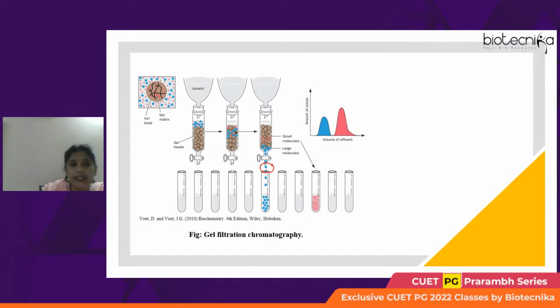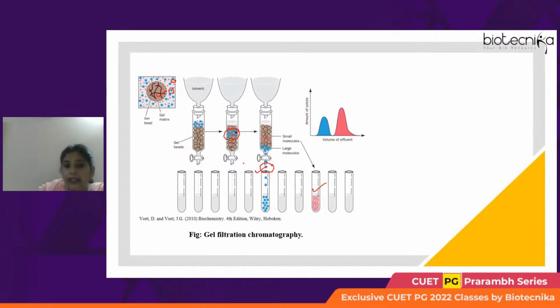Here you can see the gel bead, and the red dots represent very small analytes, and the blue ones represent the larger analytes. You can see the larger analytes are just passing through the interstitial spaces. They are excluded from the pores, so they will elute first, and then the smaller molecules will elute later.